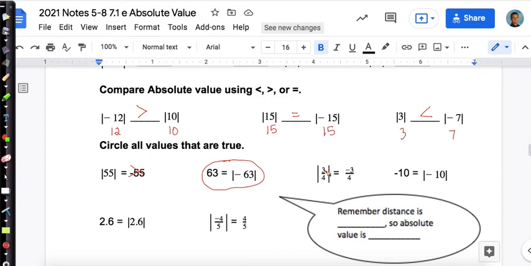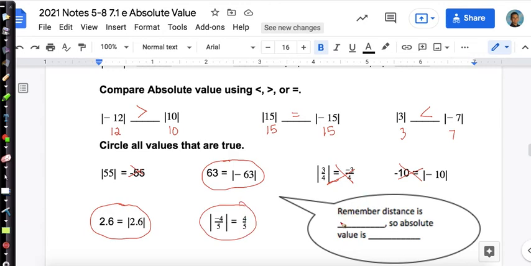The absolute value of 3/4 is positive 3/4, so I'm going to eliminate this one. The absolute value of negative 10 is positive 10, so I'm going to eliminate that one. The absolute value of 2.6 is positive 2.6, so I am going to circle that one. And finally, the absolute value of negative 4/5 is positive 4/5, so I would circle this one.